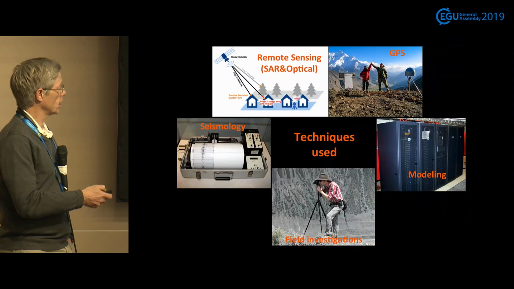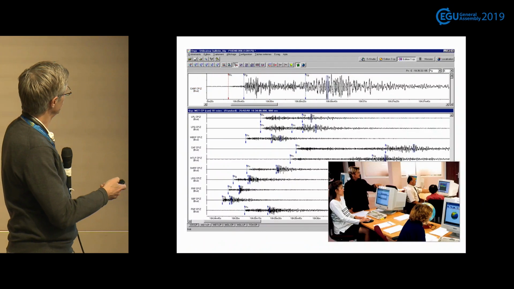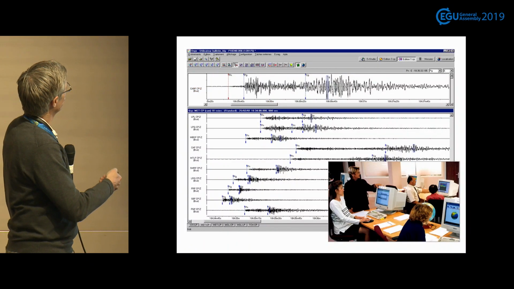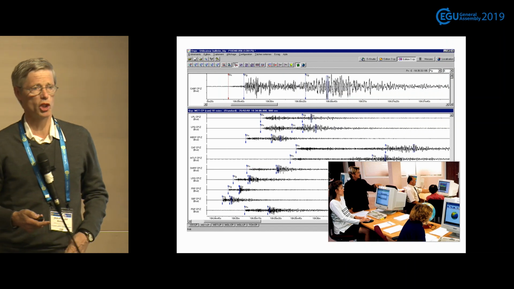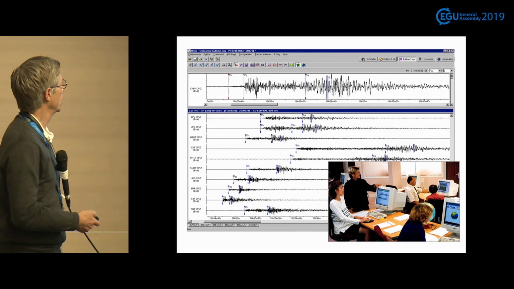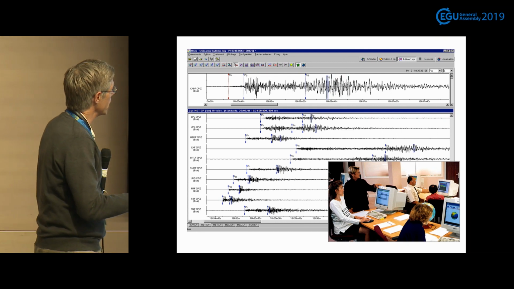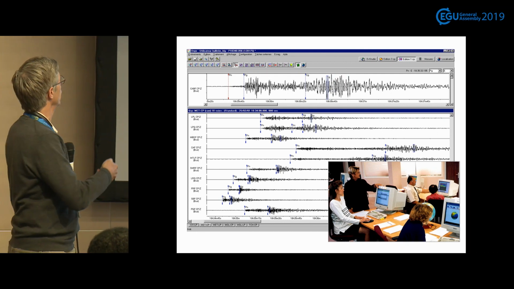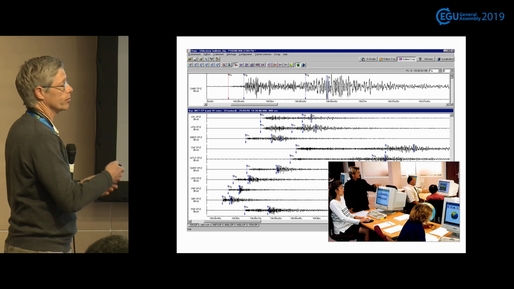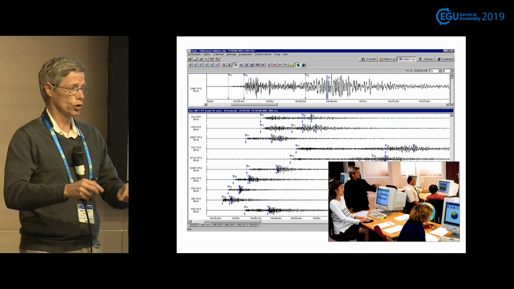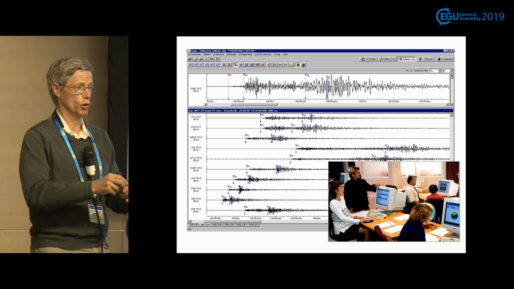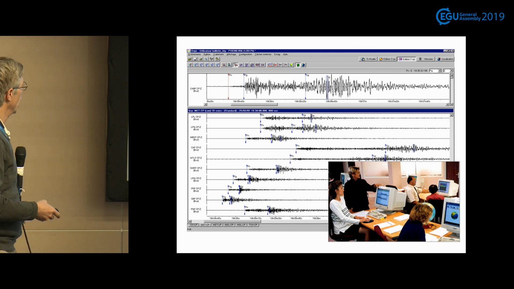So this is typically what a waveform looks like. You have different phases that seismologists have learned how to recognize. And it used to be that analysts in the lab would pick P waves, S waves coming from the earthquake and use this information to locate the earthquake through the travel time from the source to the stations.